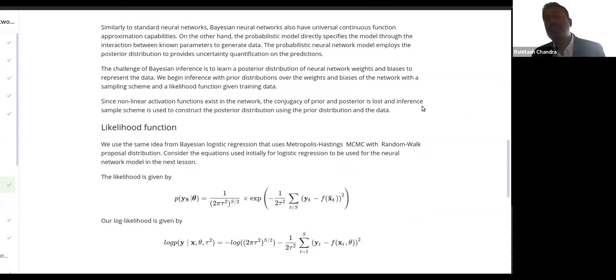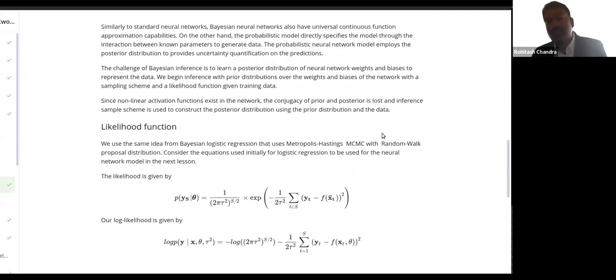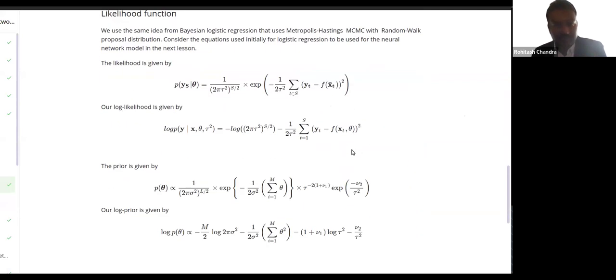So we are going to first look at a case where we use a random walk proposal distribution for neural networks. So we are not going to use any gradients in the beginning, and then later in the lesson, we are going to see how we can utilize gradients.